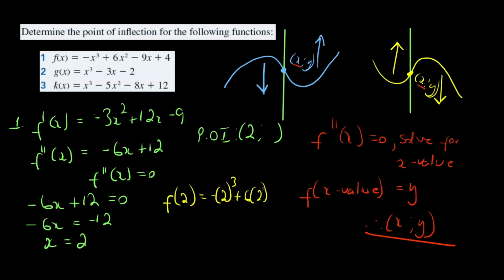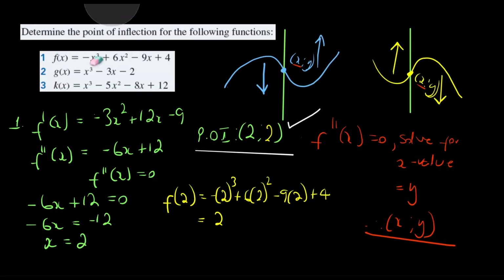Plus 6, 2 squared, minus 9, 2 plus 4, and we plug everything into the calculator, we'll get that the corresponding y value is 2. So therefore the point of inflection of the graph of f is (2, 2), and that's our answer.